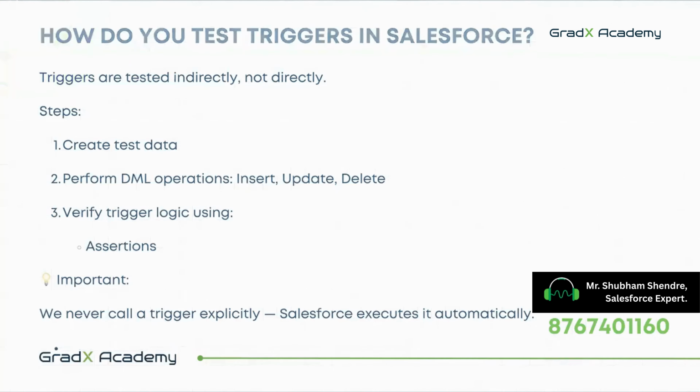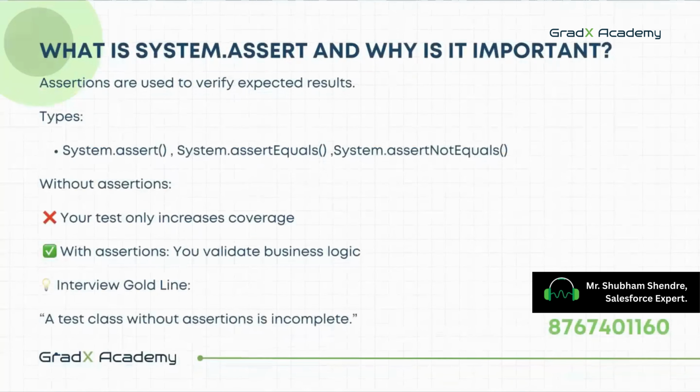The next question is, what is a system assertion or System.assert and why is it important? Assertions are used to verify the expected result, right? For example, if we want to compare the actual with the expected, we can use the assertion methods.